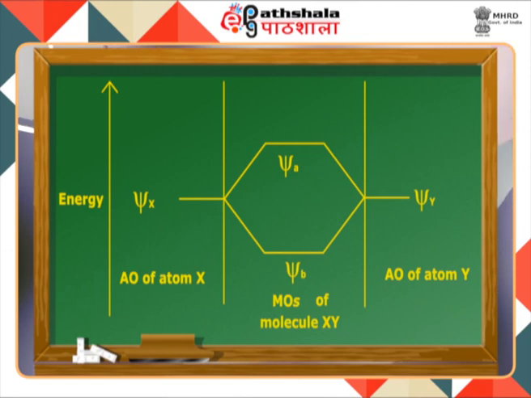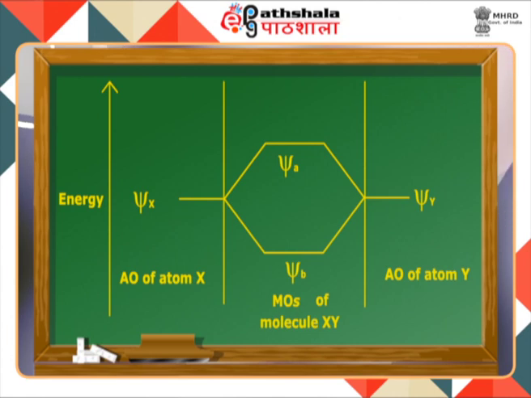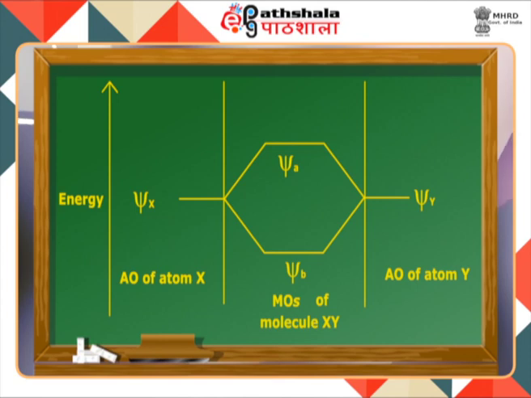Now from this diagram we can see that the atomic orbital of atom X and the atomic orbital of atom Y combine to form the molecular orbital of molecule XY. The bonding orbital is termed psi b, whereas the antibonding orbital is termed psi a.